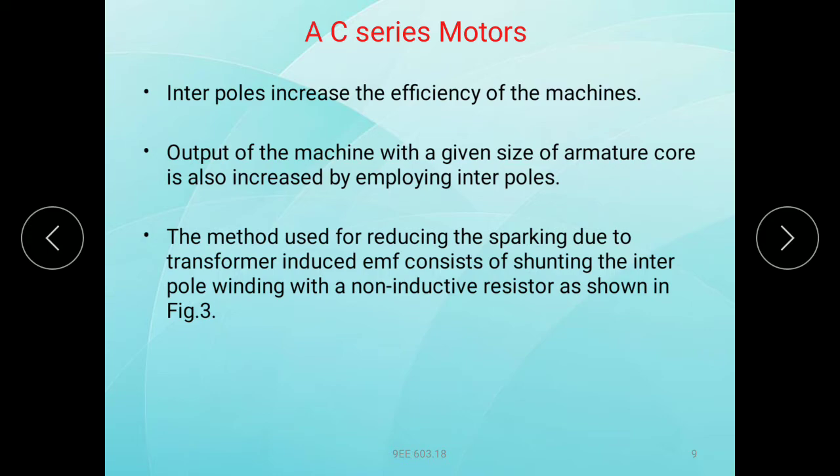By shunting the interpole winding with a non-inductive resistor.